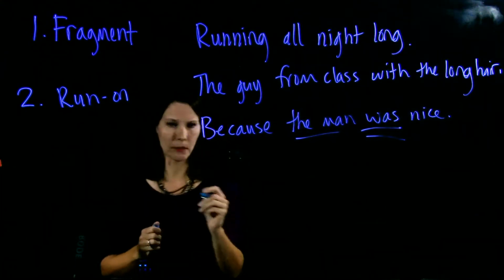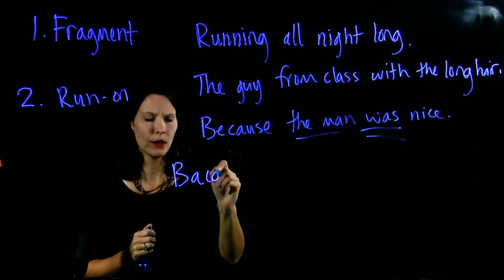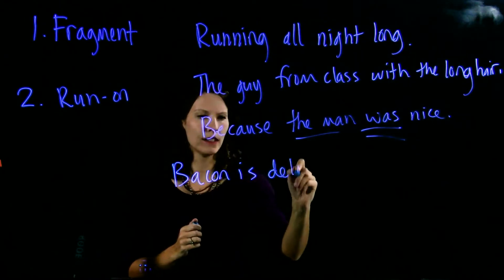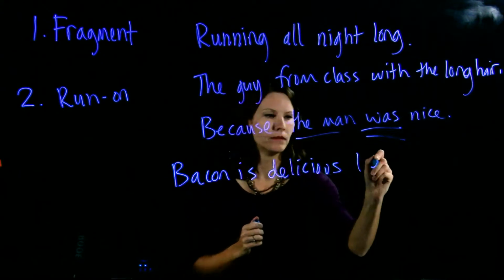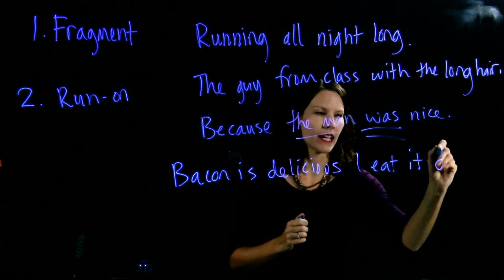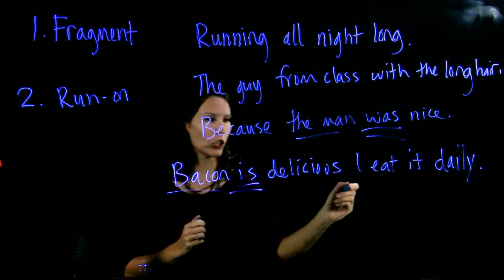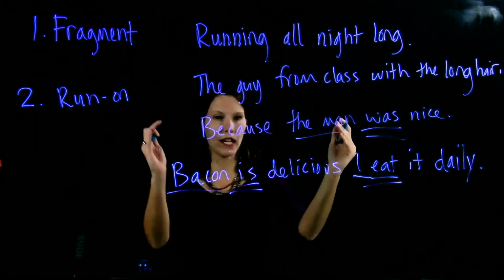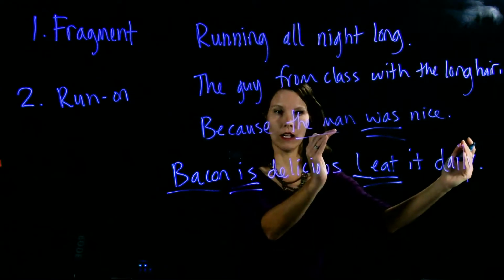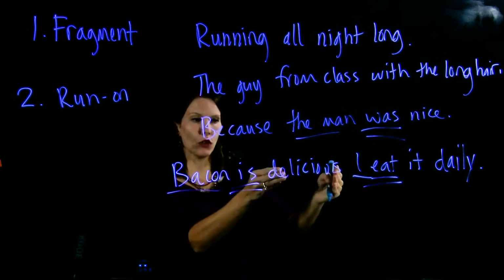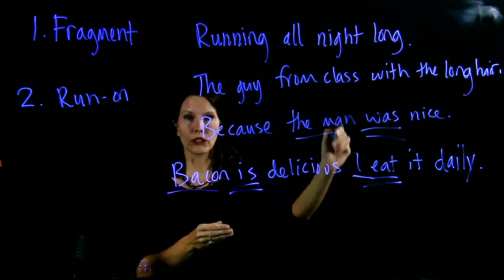So let me give you an example. If I have bacon is delicious, I eat it every day, or I eat it daily. I have a subject, I have a verb, I have another subject and a verb. I have two independent clauses here, and they're joined with absolutely no punctuation there.